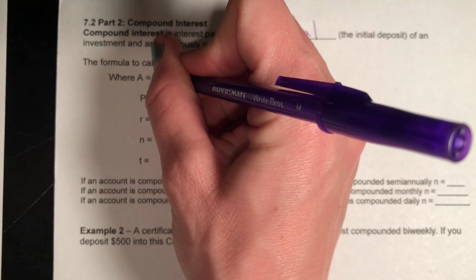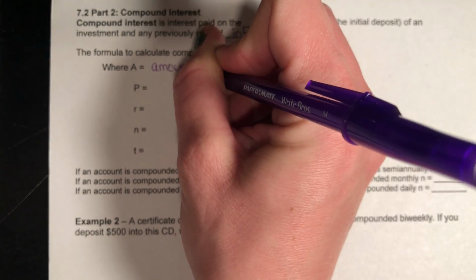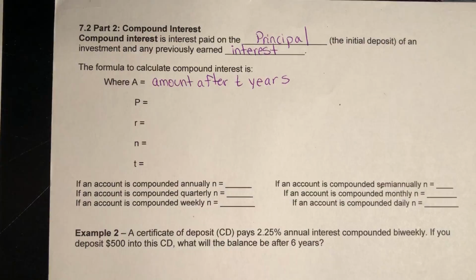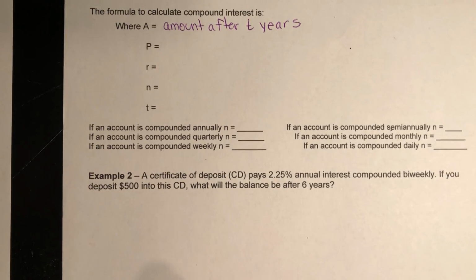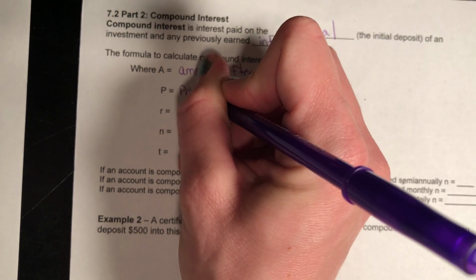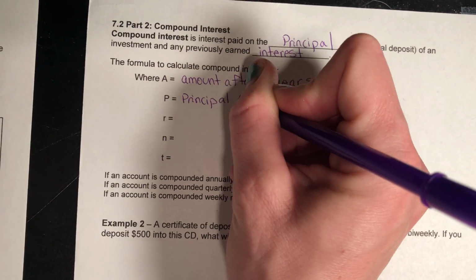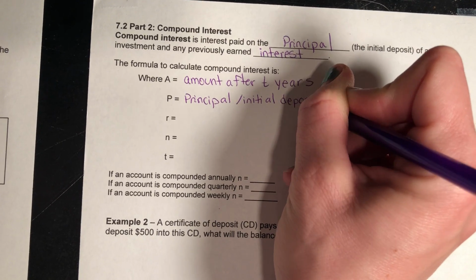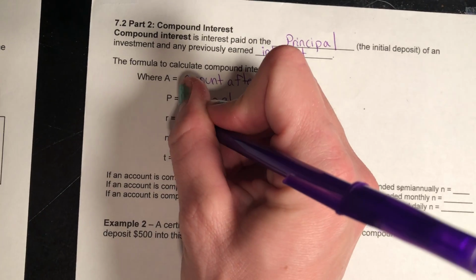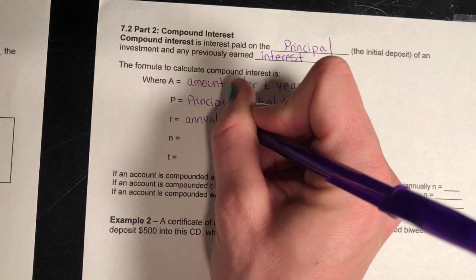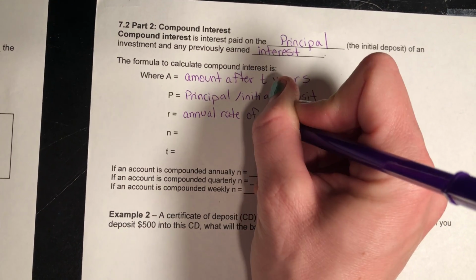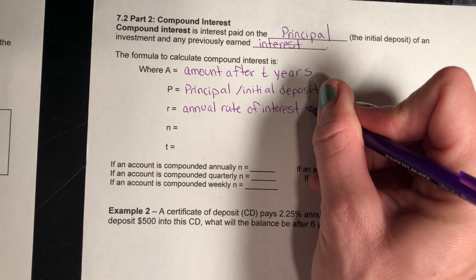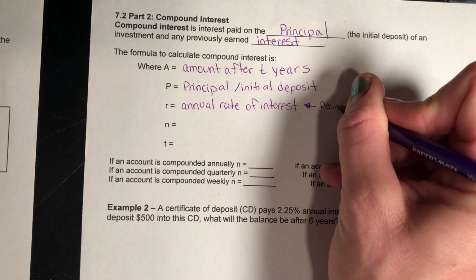A is going to equal the amount after t years. P is going to equal the principal amount, the principal or initial deposit. R is the annual rate of interest, and this is going to be in decimal form.